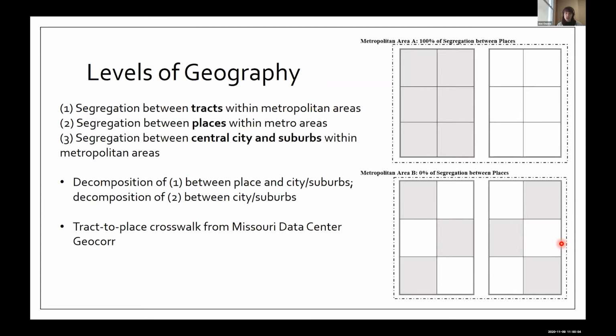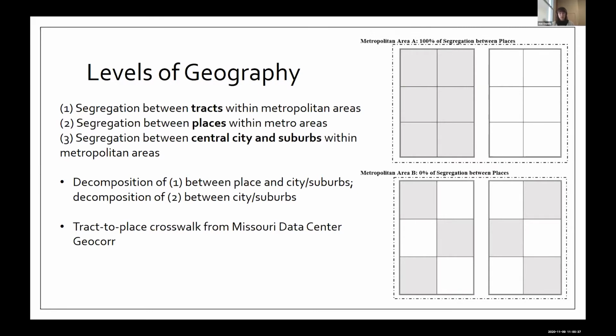But place segregation looks very different. So in this top panel, this whole place over here, this whole town is also 100% renter occupied. And this whole place is 100% owner occupied. So if I estimated segregation between places, that's also 1. And we can say that 100% of neighborhood segregation occurs due to sorting between places. But in the bottom panel, we have kind of this checkerboard situation. So if we pretend these neighborhoods all have kind of equal population, each place is 50-50.